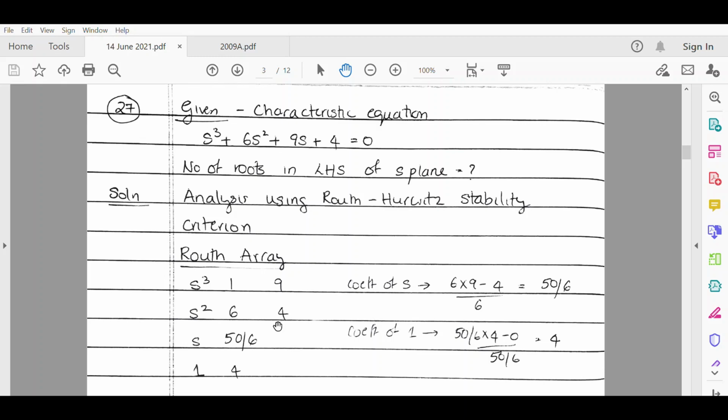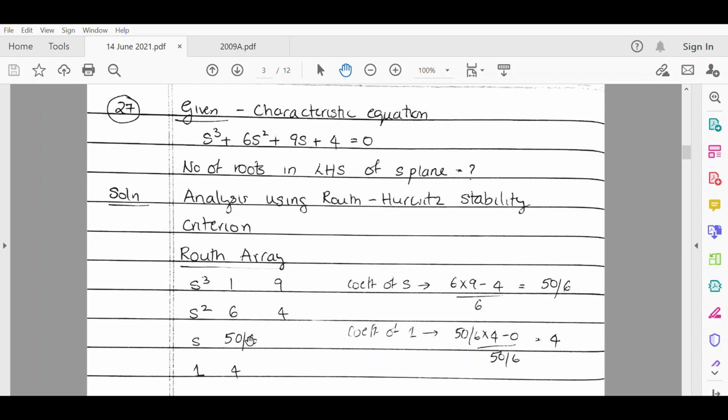Now in order to find the coefficients in the third row, we do cross multiplication in a special manner as shown over here. The coefficient of s is (6 into 9 minus 4 into 1) divided by 6. So that is 50 divided by 6, and the coefficient of s to the power 0 is obtained in a similar manner by cross multiplication.